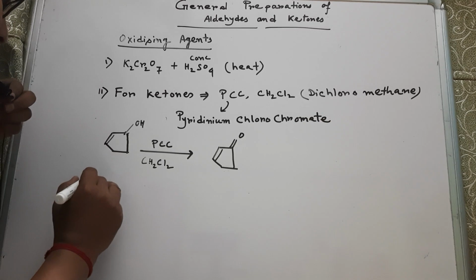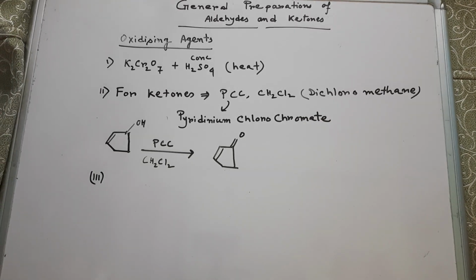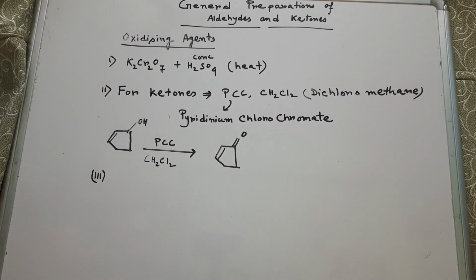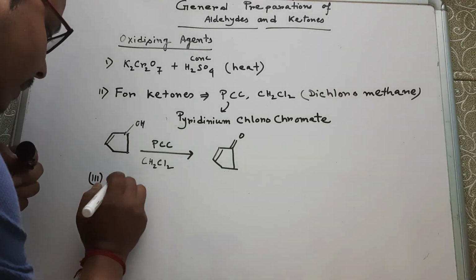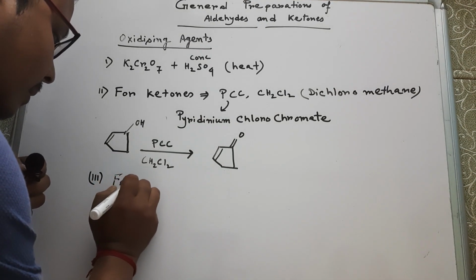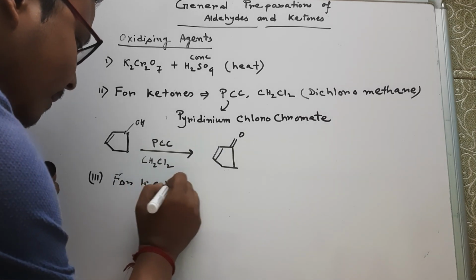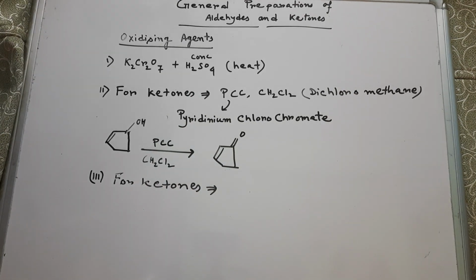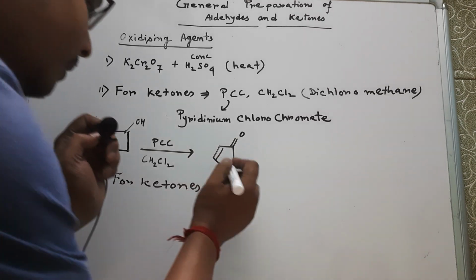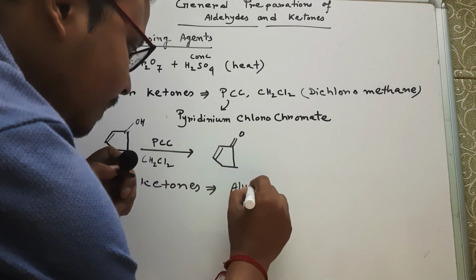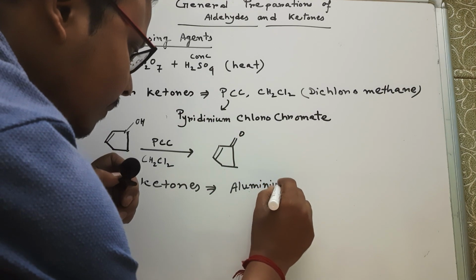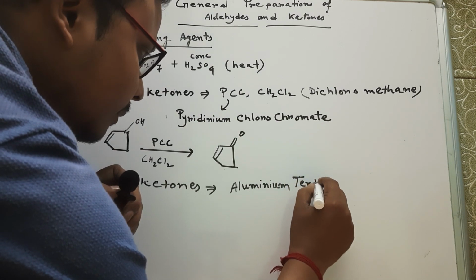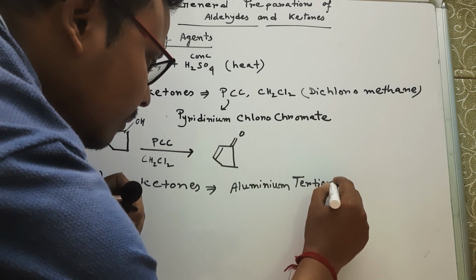Okay. Next, for ketones, I'll write another oxidizing agent. Another good oxidizing agent is aluminium tertiary butoxide.